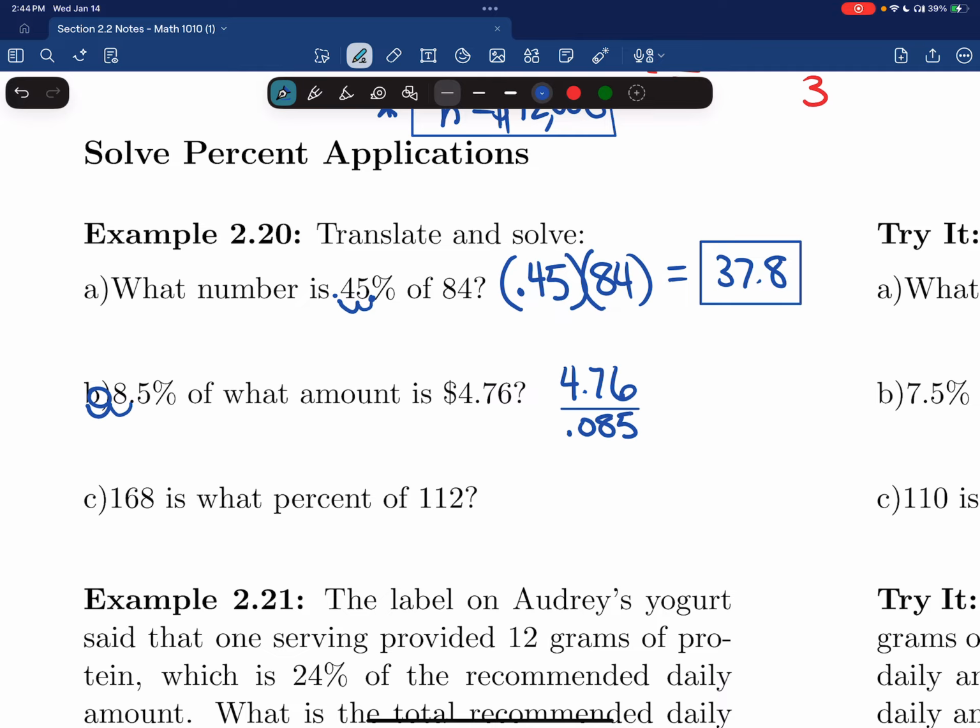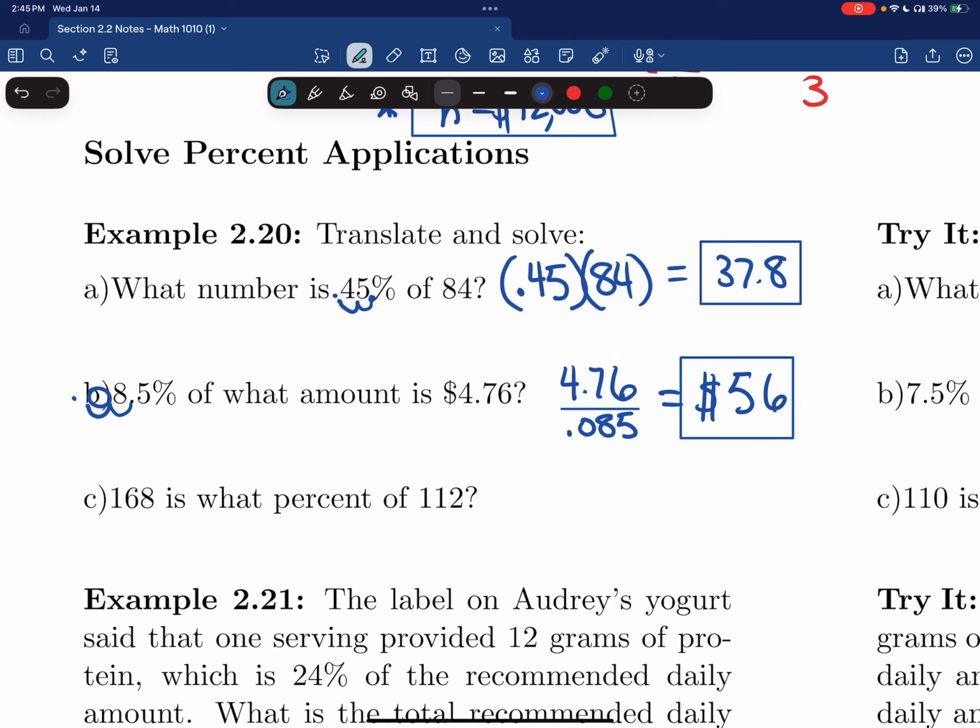And remember, if there's any empty spaces, fill them with zeros. So 8.5% becomes 0.085. Now, taking 4.76 and dividing by 0.085 gives us 56. And we're talking about dollars, right? So $56.